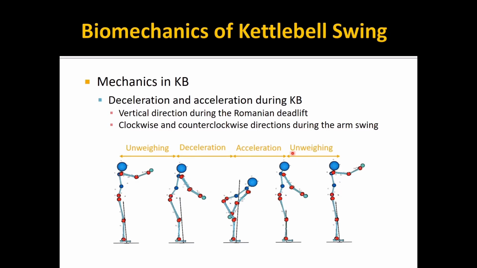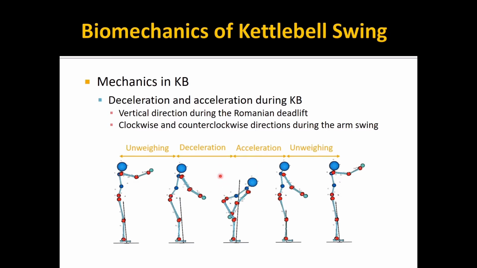The deceleration and acceleration occur around the halfway point of the swing, as you can see here. This deceleration and acceleration occur in both the Romanian deadlift and arm swing to properly perform the kettlebell exercise.